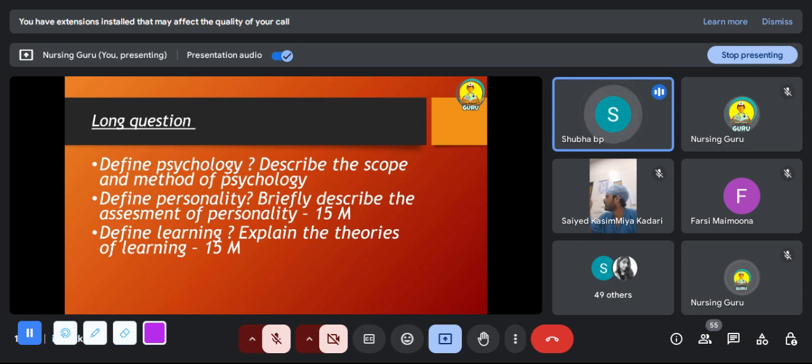And the next question is, define personality and briefly describe the assessment of personality. This question will also be asked for 15 marks. So you need to write the definition of personality. You will get 2 marks from that. And next you have to explain how you are going to assess.